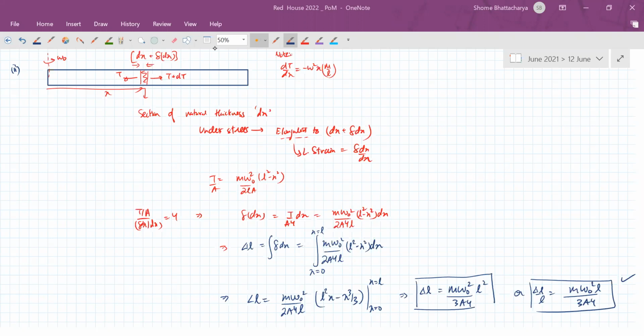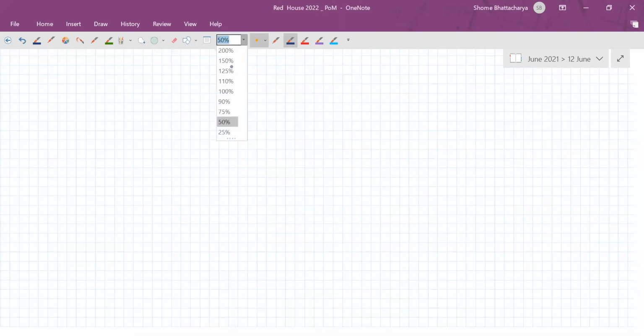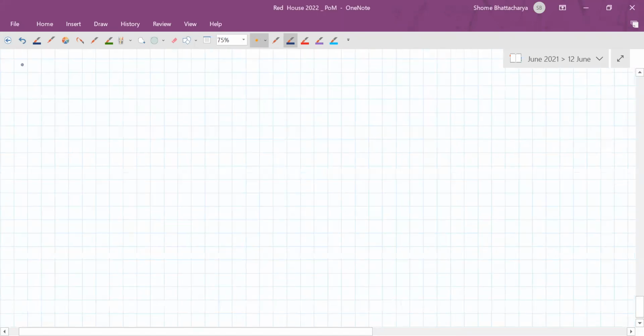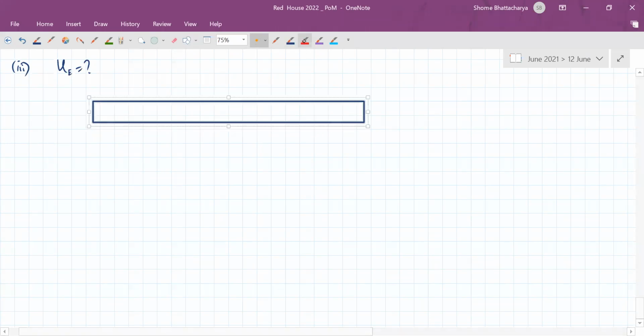Okay, so let's finish the third and final part, the elastic potential energy. Once again, we consider a volume element, in the situation of this being in a state of elongation only.